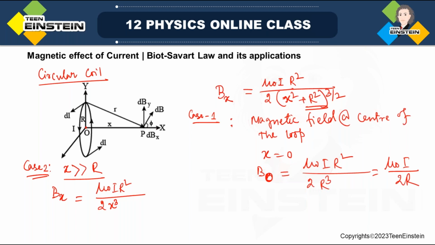Okay. So Bx is mu0 I R square divided by 2x cube.